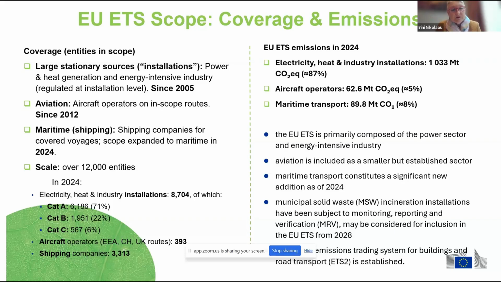Category B is 22% of the installations under the scope, which emit between 50,000 and 500,000 tons, and the very big emitters, which are only 6%, category C, emit more than 500,000 tons. So we can see fewer installations emit a lot.